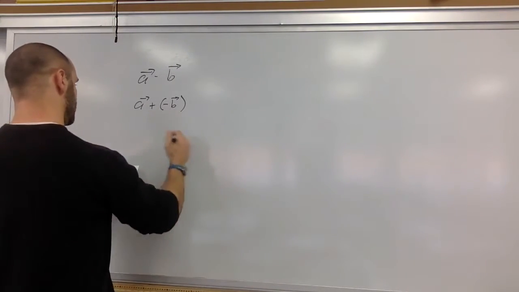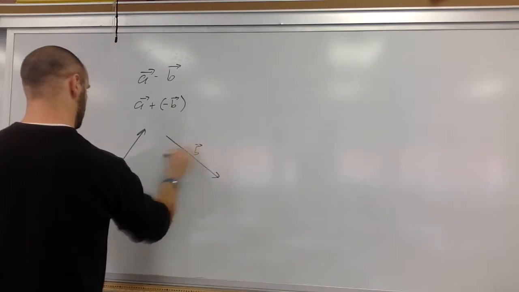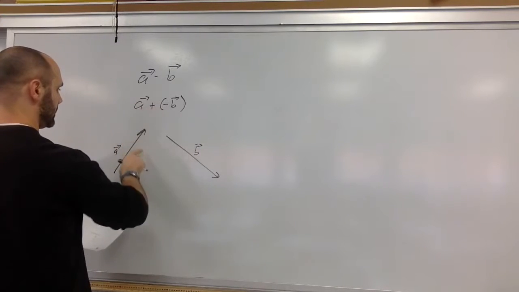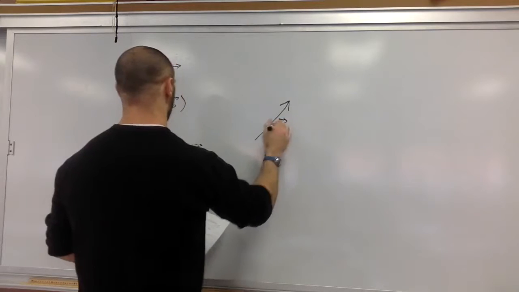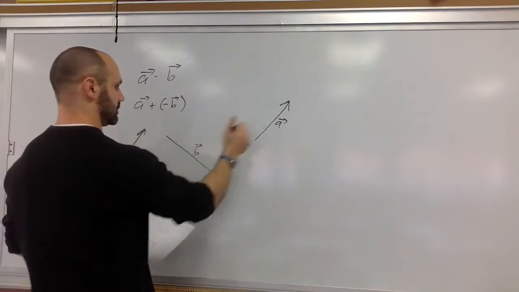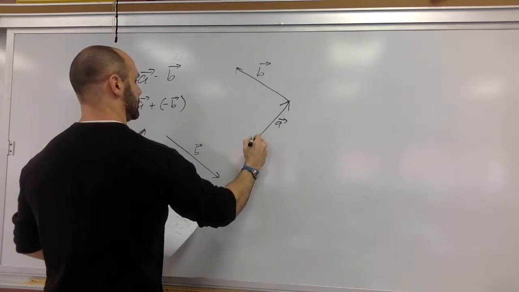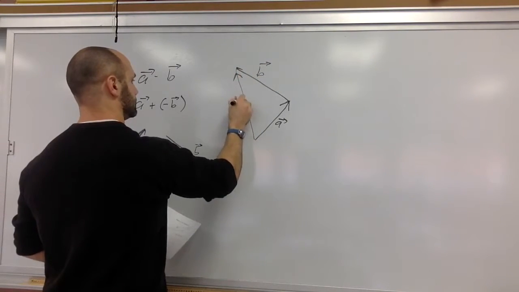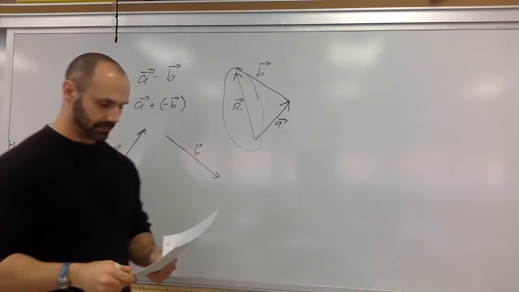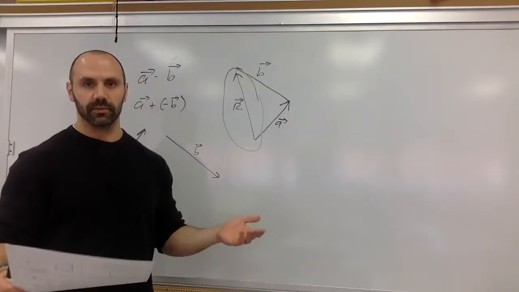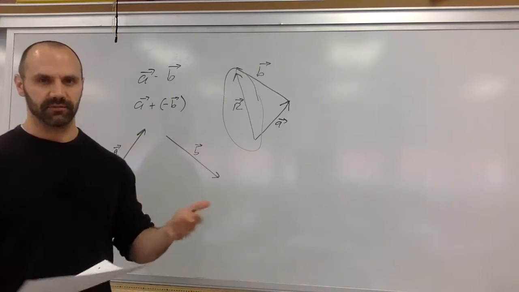So if this is A, and this is B, then I'm doing A plus negative B. So B goes this way, like that. So this is the resultant. A plus negative B. That's it. And so we can do arithmetic with this as long as we keep in mind our rules about vectors and vector arithmetic.